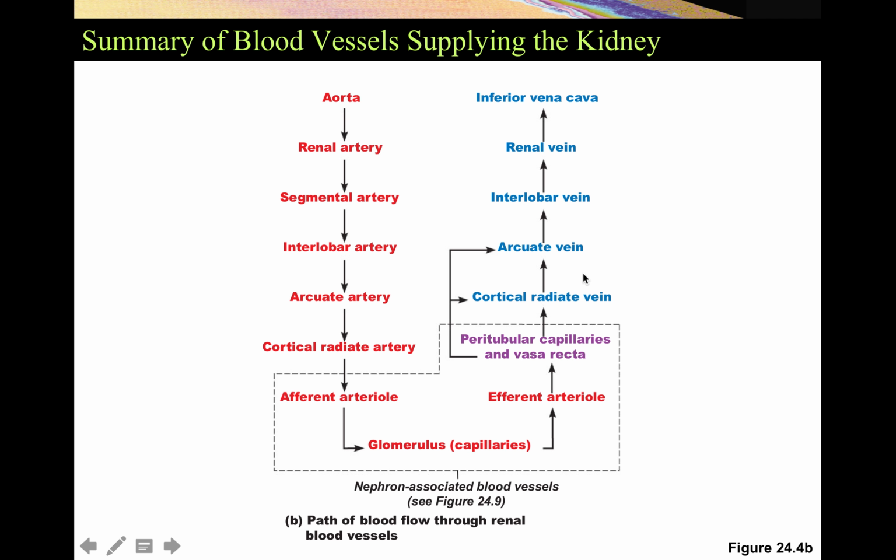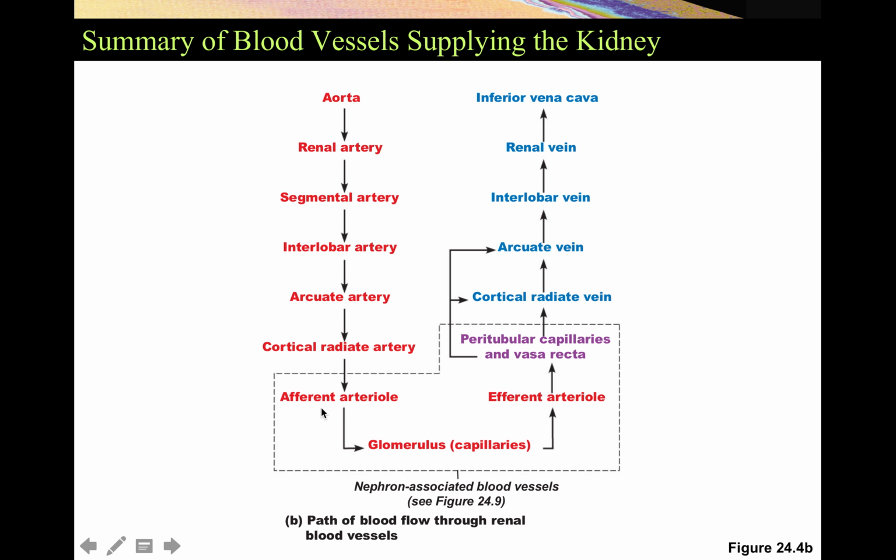So what I've described to you so far, if you look at it in the sense of blood vessels, you started with the aorta, which empties into the kidney through the renal arteries, which branch to the segmental artery, right? Then it goes between the pyramids as the interlobar artery, then between the cortex and medulla as the arcuate artery, and then it starts to branch or radiate inside the cortex as the cortical radiate artery.